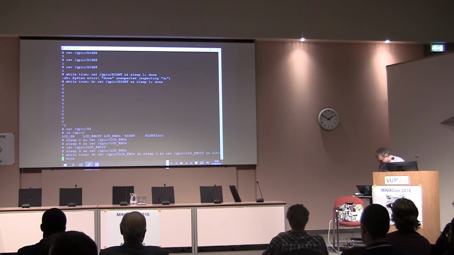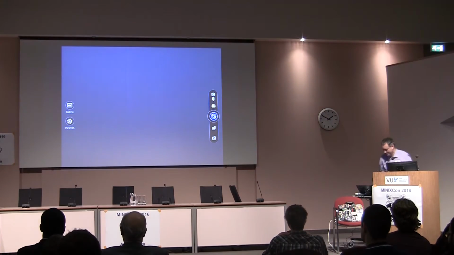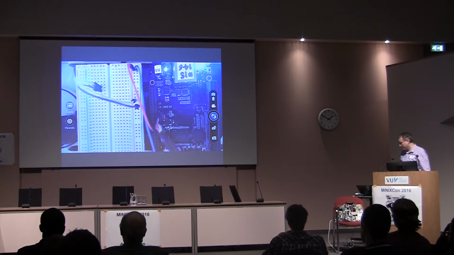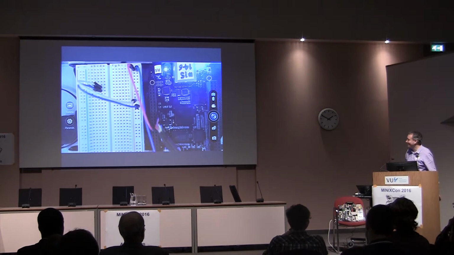Should we try it out? So it's been on from the last experiment. Probably will turn off. Right, hey. And so what a great thing, right? We have been successful in turning an LED on and off.